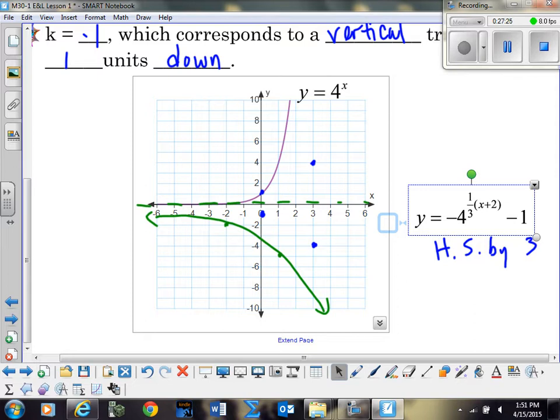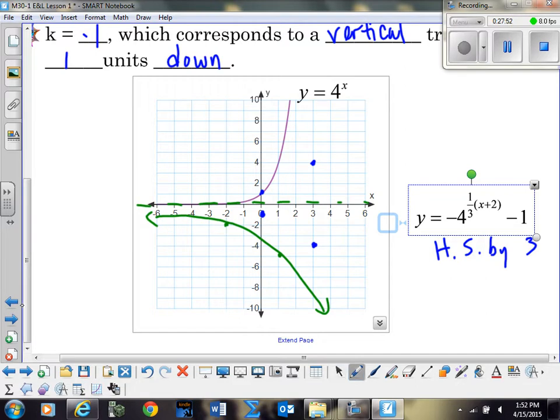The y-intercept, I don't have an accurate look on my graph for the y-intercept, but I could calculate it by putting a 0 in here. So if we put a 0 here, this would be 1/3 times 2, which is 2/3, 4 to the power of 2/3, and that would be negative, and then -1. So doing a quick calculation there.